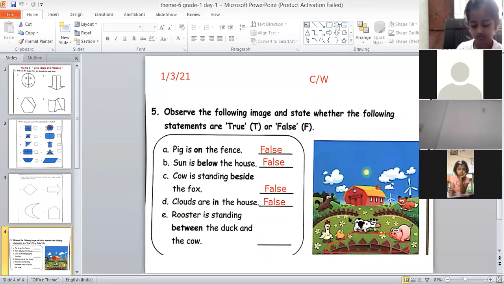I have these three things in my hand: AirPods, water bottle, and clutcher. This water bottle is between this AirPod and this clutcher. I have this AirPod in one hand, the water bottle, and the third thing is the clutcher. So this water bottle is between this AirPod and this clutcher. Between means in the middle.